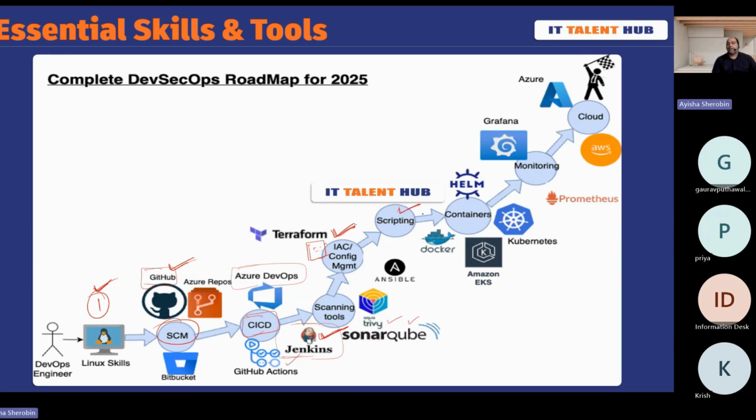And containers. Let's say your application code and everything is ready, and you want to deploy that and make the application available to the end user. So we have to make use of container platforms, where you can go ahead with Docker or containerd, and there are different platforms.